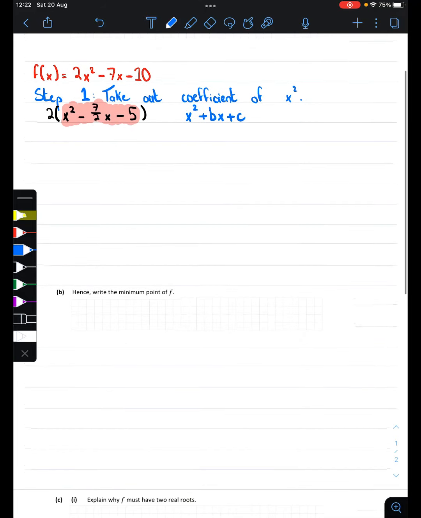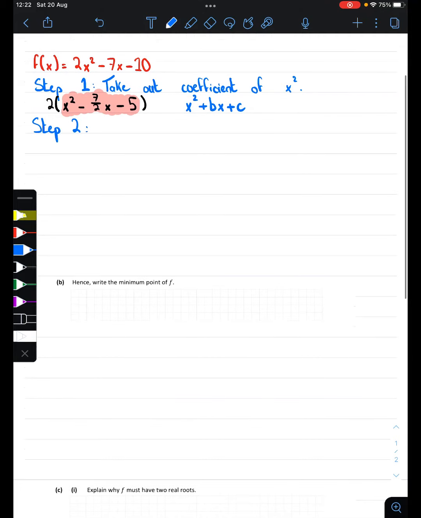Now the next thing we're going to do, step 2, is divide b by 2. At the moment we have it in this form, a times (x squared plus bx plus c).